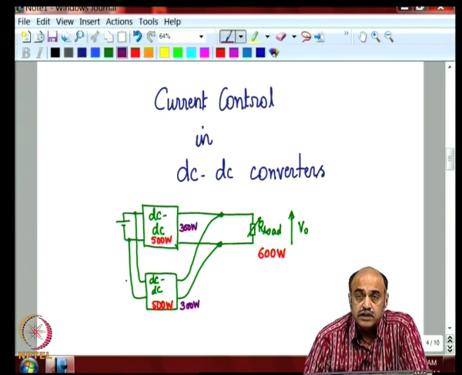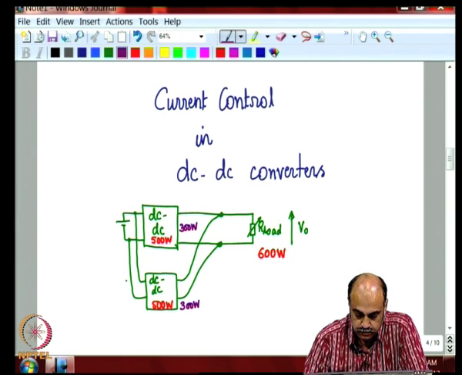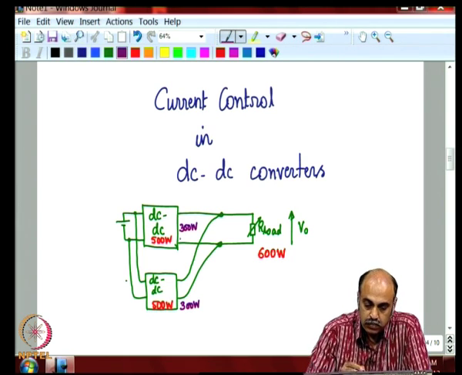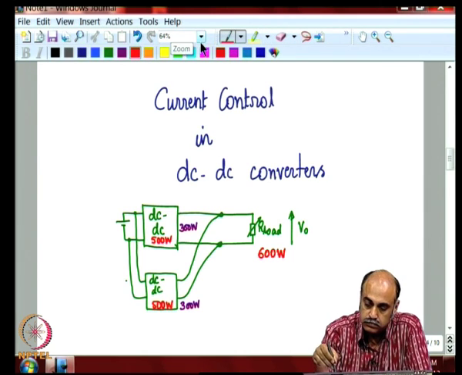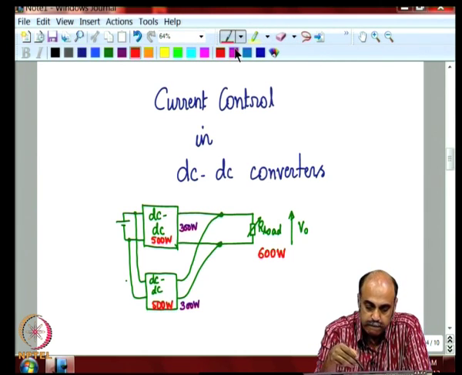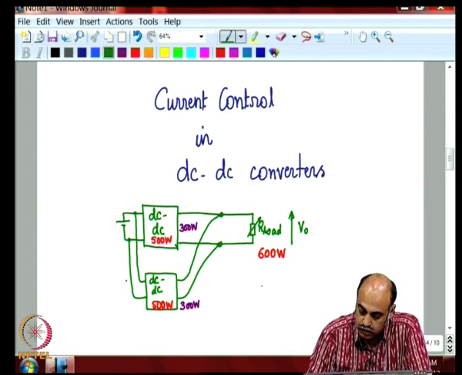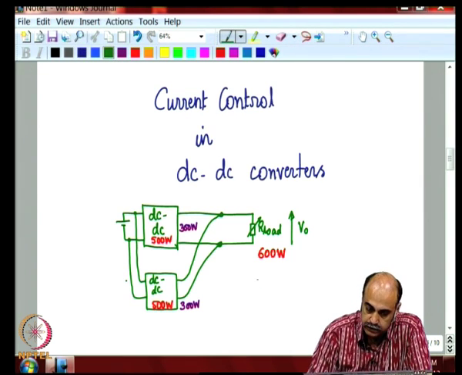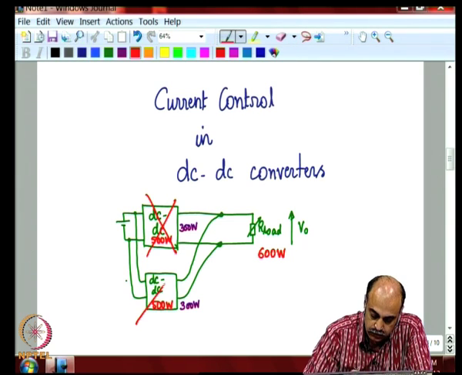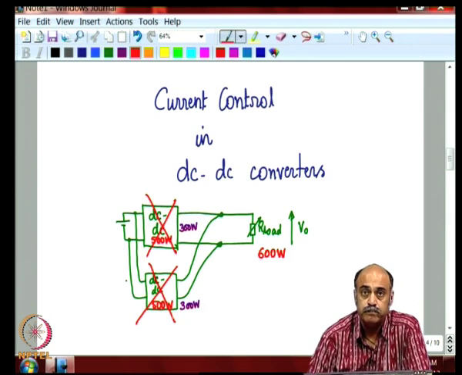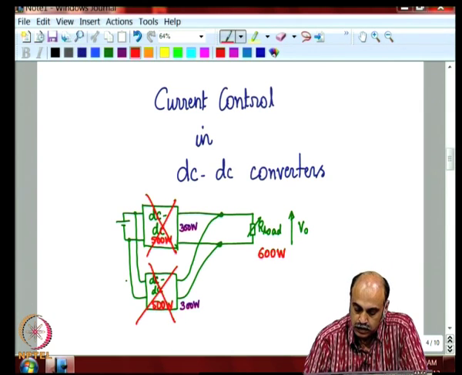If it is voltage controlled, what would happen is most likely this will blow, this will also blow. Why?